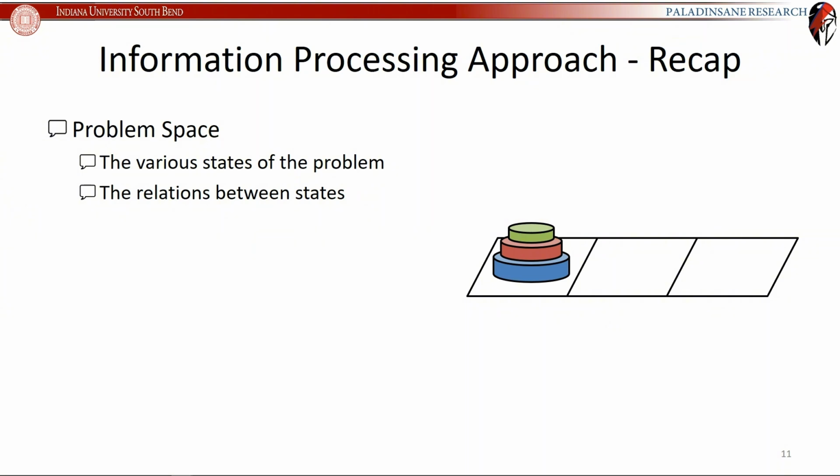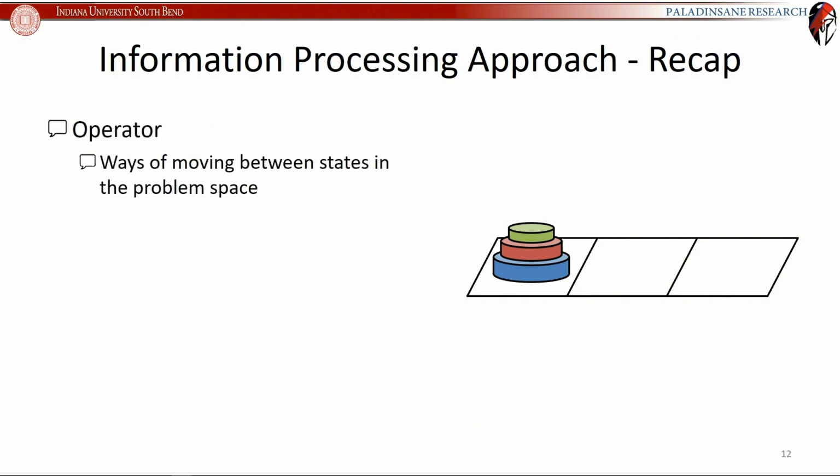The last component is the idea of an operator. An operator is a technical information processing term that means the way you are able to move between states in your problem space. For example, in the Tower of Hanoi, the rules are that you can only move one disk at a time, and that a larger disk cannot be placed on top of a smaller disk.